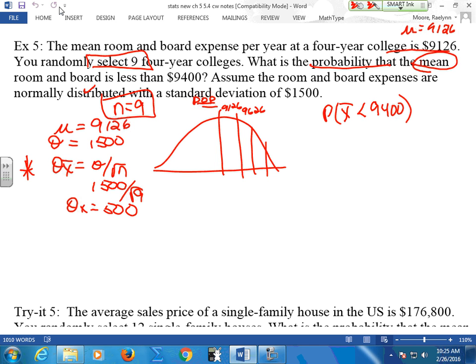Where is your z-score? Approximately like where your percentages are. So if I'm looking for 9,400 somewhere here to the left, give me a guesstimate. 58, good, I'm above 50, I'm somewhere above 50.